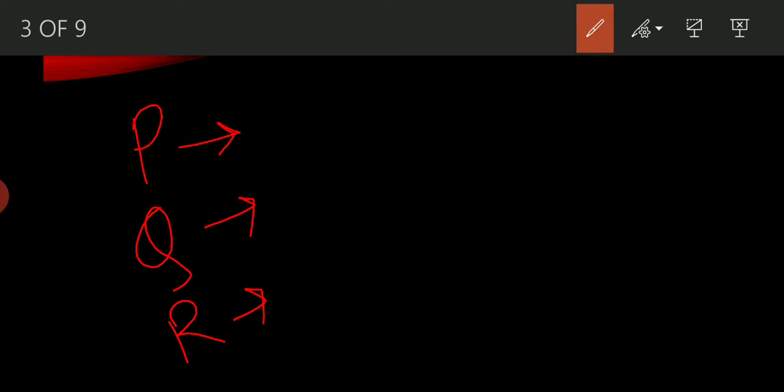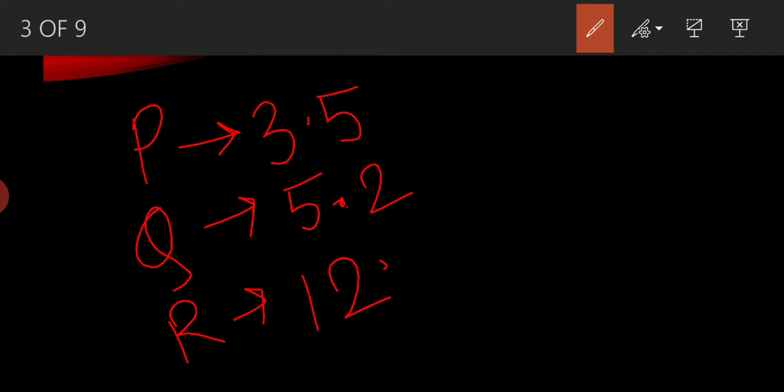Now see, here three solutions are there, P, Q and R. The solution P has a pH value of 3.5, Q has 5.2 and R has a pH value of 12.2.